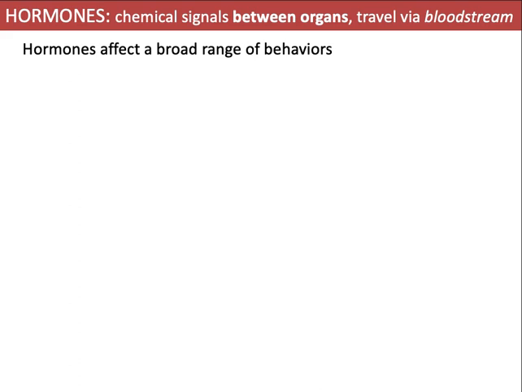Okay, so hormones, remember, are chemical signals related to communication between organs and that travel through the bloodstream. And so hormones can influence multiple different behaviors. The hormone ghrelin is the, quote, hunger hormone, and its release makes you feel hungry.